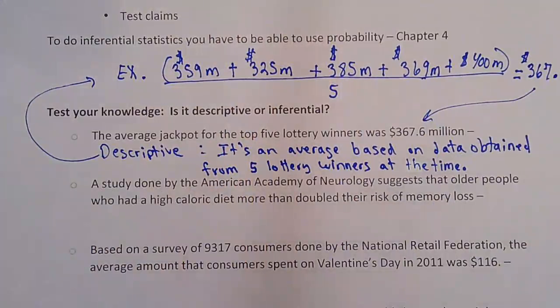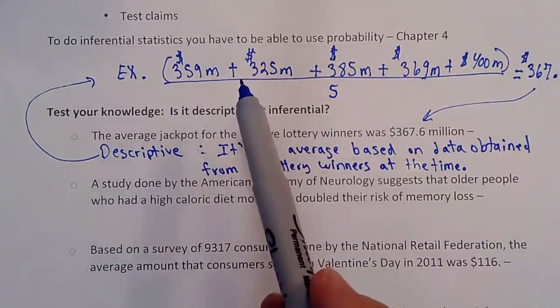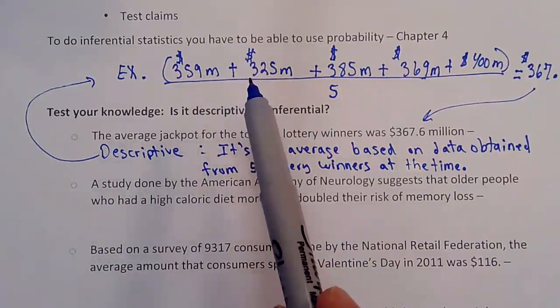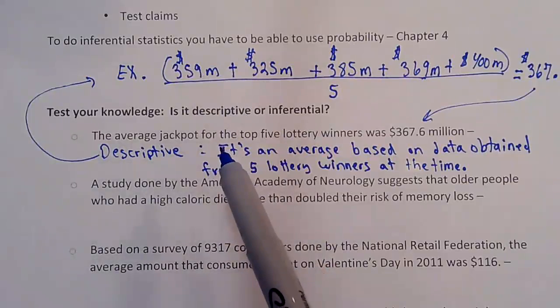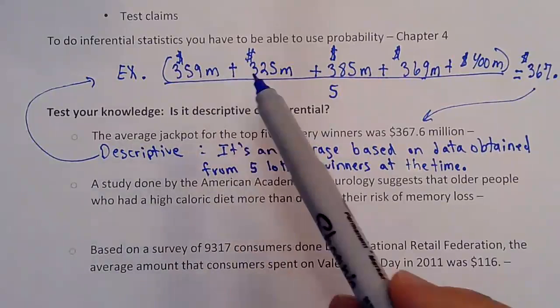Okay, so I thought out examples. This is not the only scenario, but I just thought, if I had this information, this data, what might it look like? And so it would look like me knowing the five top lottery winners. So I just suppose that these are the winners.